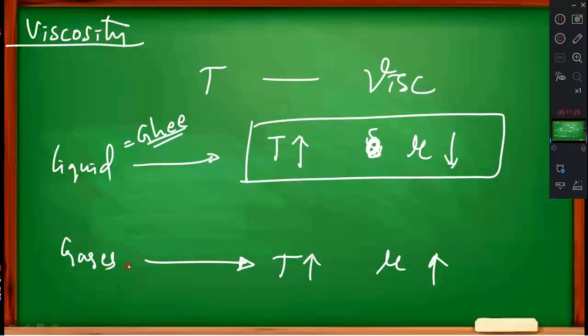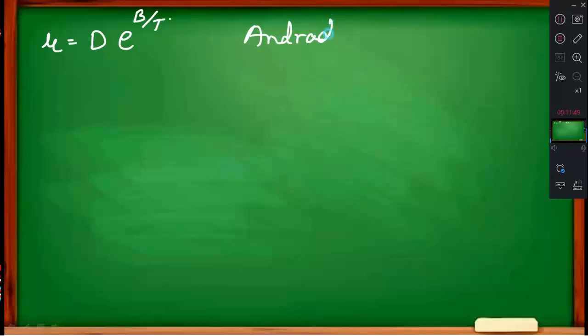Next, in one corner write this equation. In future it may be useful, but in civil engineering we don't use this much. Mu is equal to D into e to the power of B by T. It is called Andrade's equation. E is not void ratio, that is the exponential, e to the power.